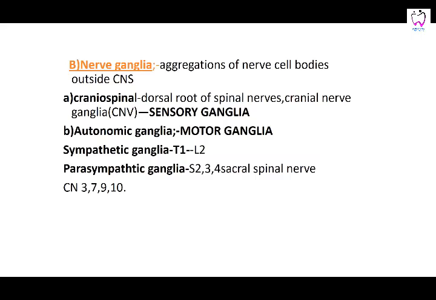You have the nerve ganglia. This is your peripheral nervous system. That is the dorsal root ganglia and your autonomic ganglia. And then these autonomic ganglia are present where the sympathetic and parasympathetic fibers arise from.